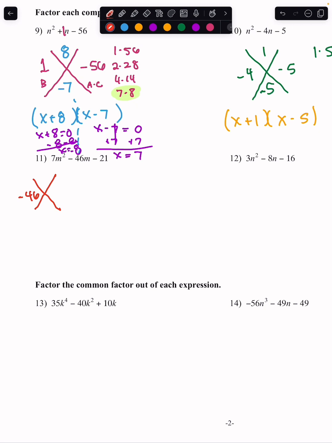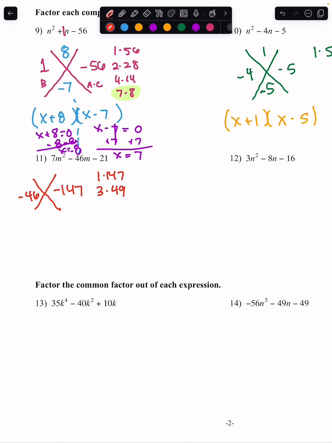Let me get my calculator. Negative 21 times 7 is going to be negative 147. And then 147 divided by 3 is 49.